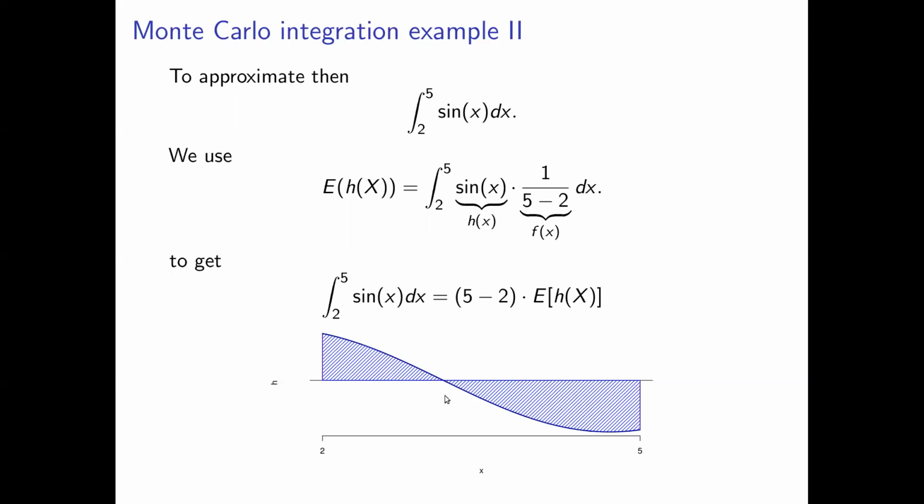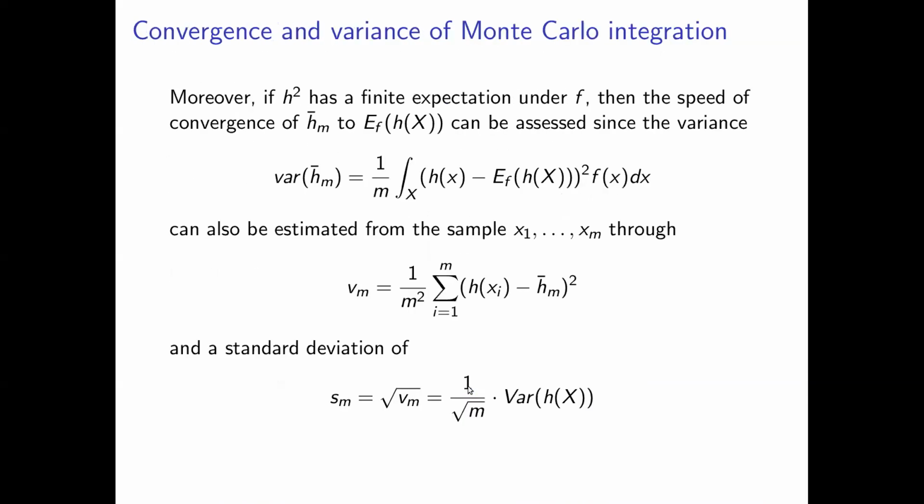Importance sampling focuses on simulating values from the parts where we need more values to estimate the integral well, and putting less importance on the parts where we do not need so many values.